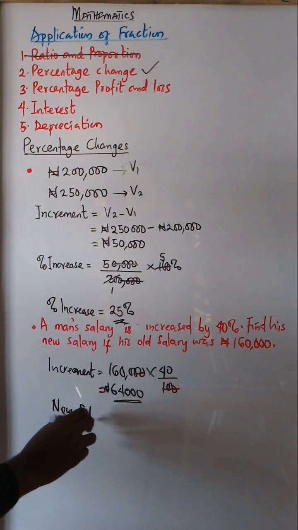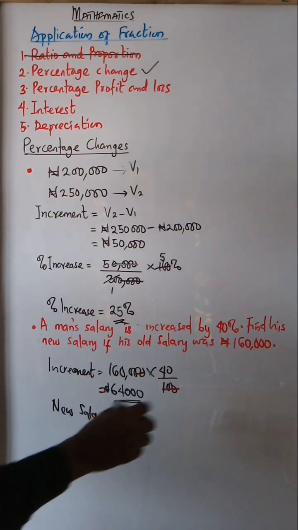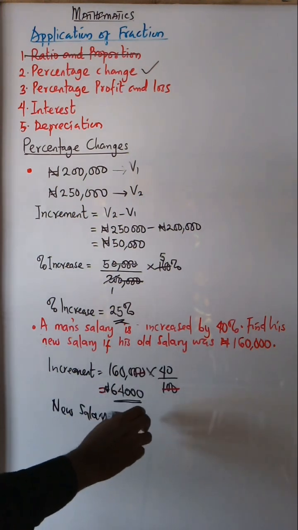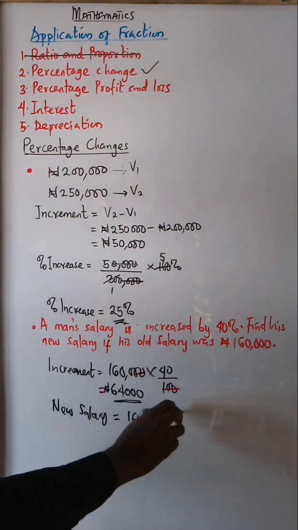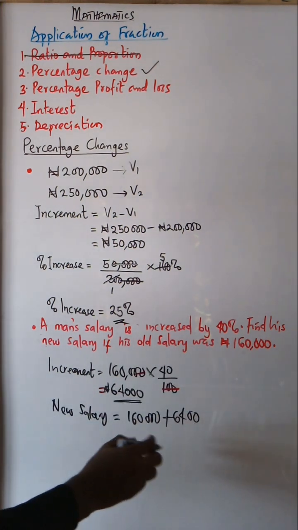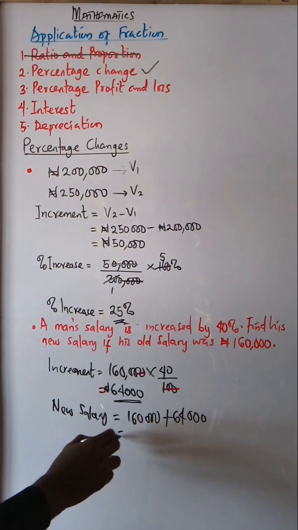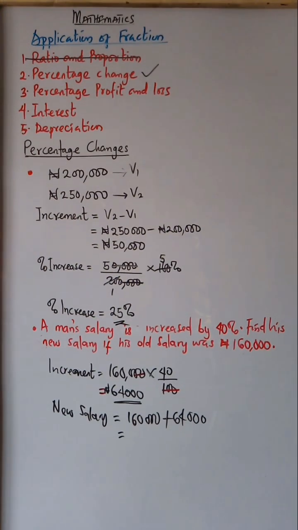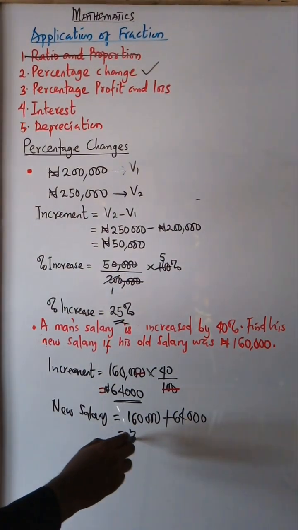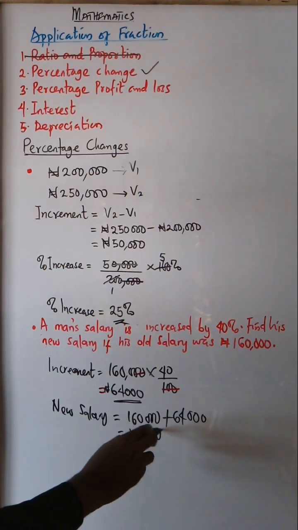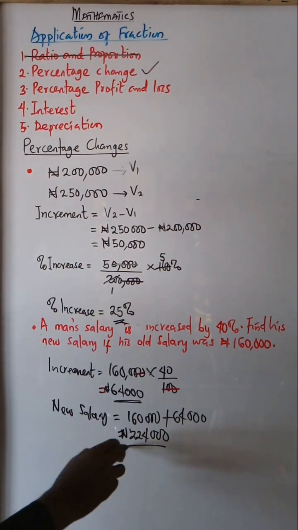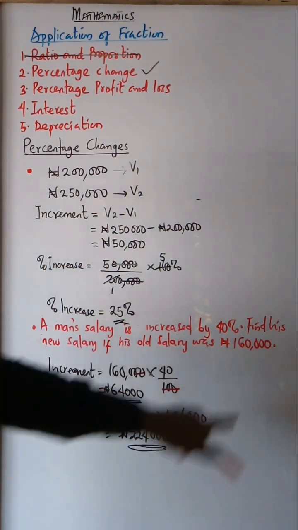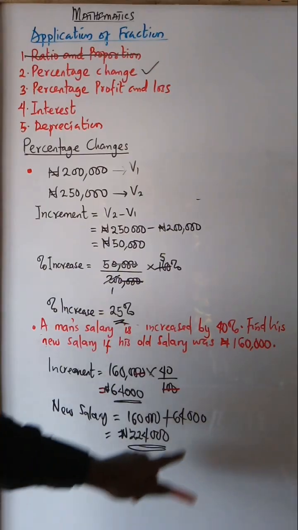So the new salary is going to be the old salary plus the increment. And from here we get the new salary. So the answer is going to be 224,000. From 160 to 224, the increment is 64,000.